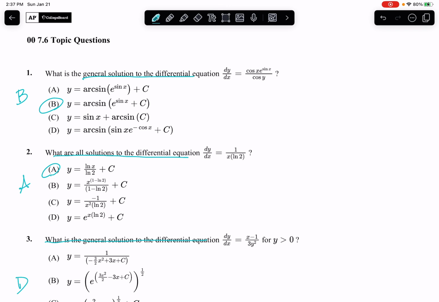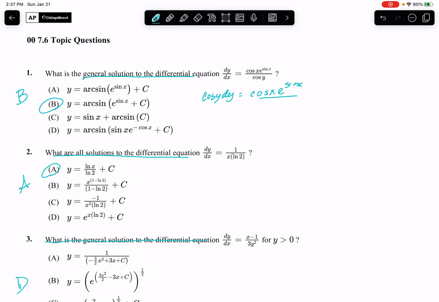So the first one is cosine y dy is equal to cosine x e to the sine x. And there's going to have to be some u substitution going on in here, because this is not a simple one. But if we can get rid of either cosine x or e to the sine x, then we can just have a u or something like that.